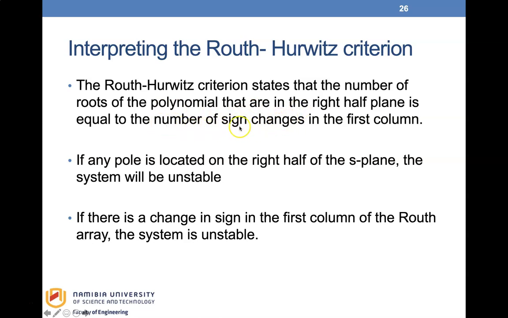So the sign change from positive to negative is one change. So our attention must be drawn to the first column. If any pole is located on the right half of the S-plane, the system will be unstable. If there is a change in sign in the first column of the Routh array, the system is unstable.